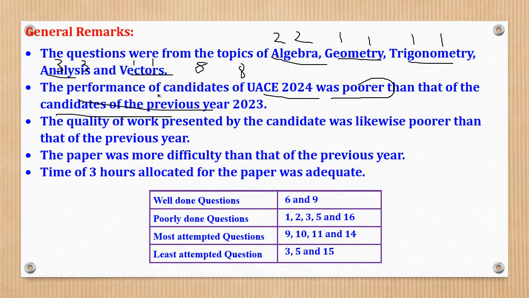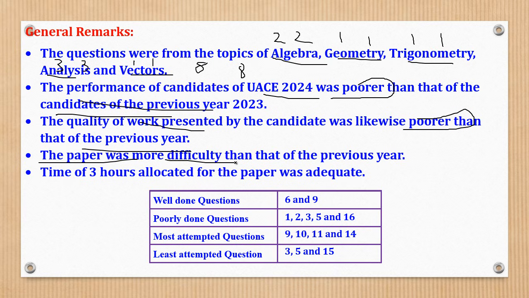So I encourage you to watch and encourage all your fellow candidates to also watch this video so that there is an improvement this time round. The quality of work presented was likewise poorer than that of the previous year. So know the mistakes which were done in 2024 so that you don't do the same mistakes.